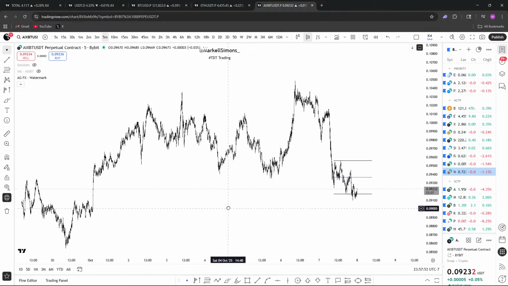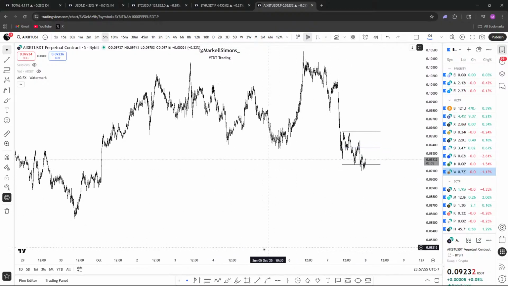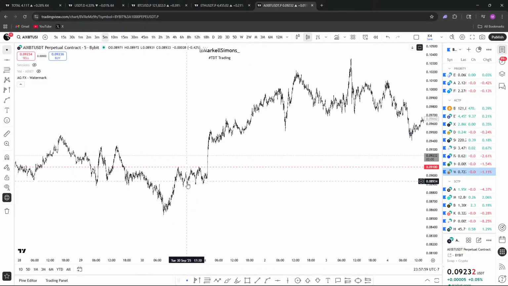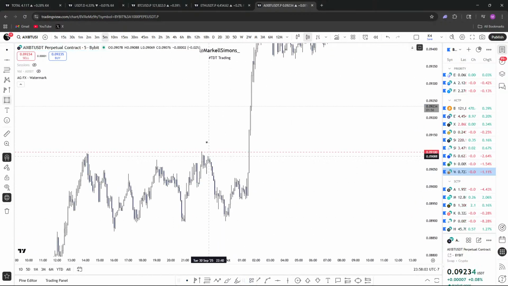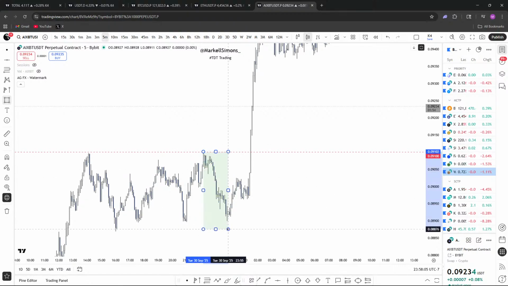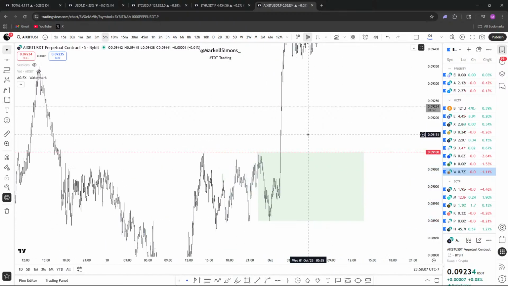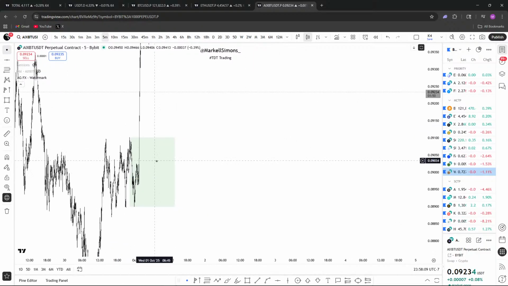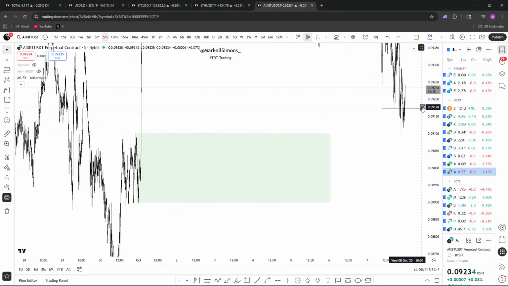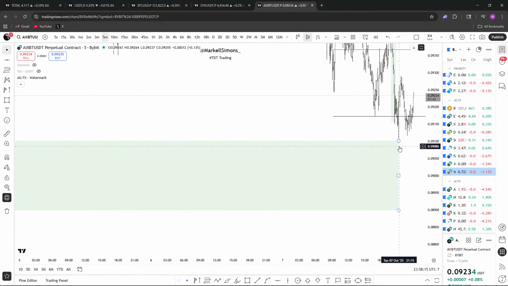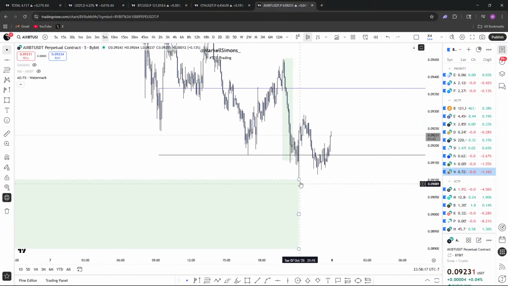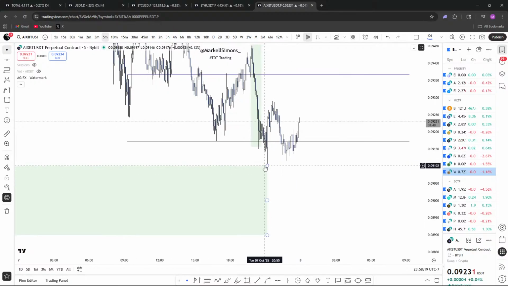Yeah, I wouldn't try to take that. And then you're nowhere near support. Like if you look where we're bouncing from, wait, hold on, pause, take that back. Did we actually bounce from here? Okay, so actually we bounced from here, so you could say that this mitigation and just this perfect tap indicates market makers filling their positions.